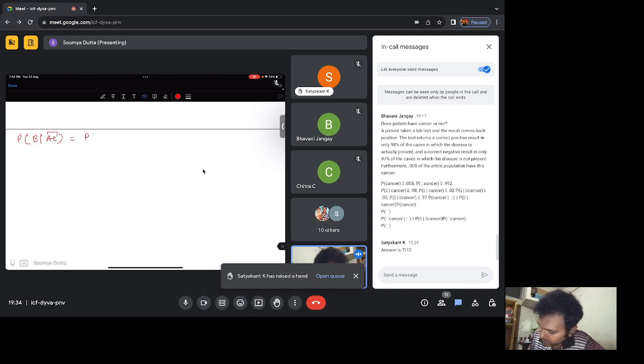You are just using the formula for conditional probability, and you get P of B given AC equal to P of ABC by P of AC. This is fine. Now since you have been told that A and C are independent of each other, you can always do this.